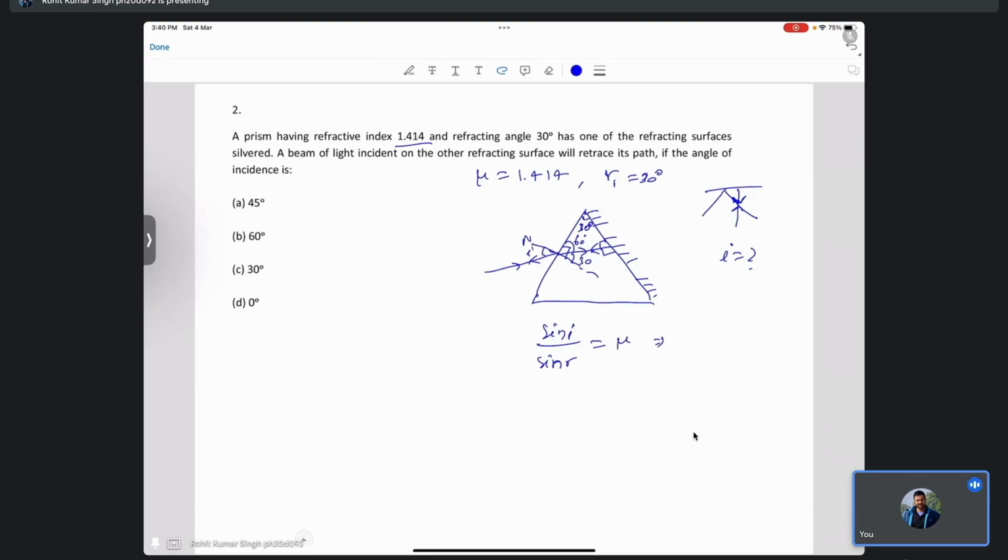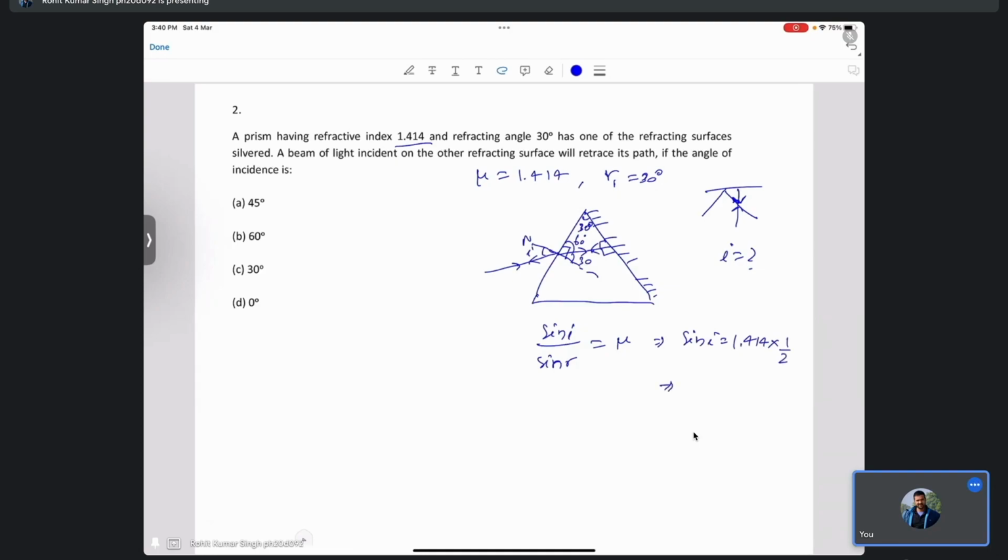Mu is 1.414. Okay, so sin i is equal to 1.414 into sine of 30 degree, which is 1 by 2.